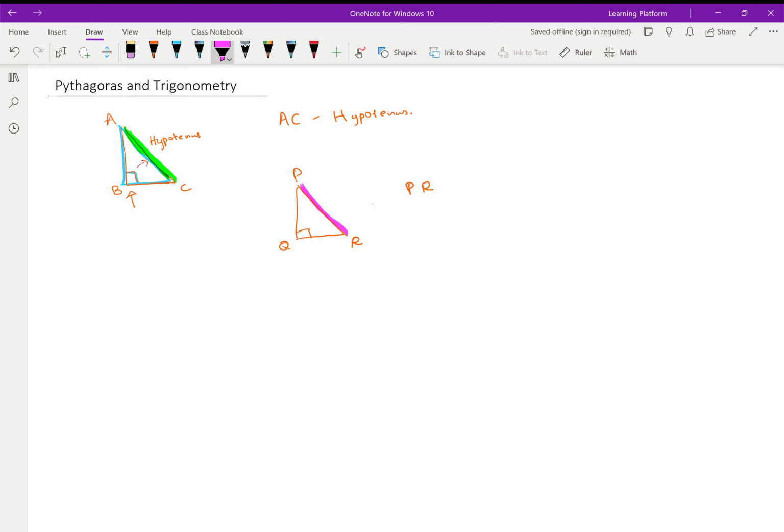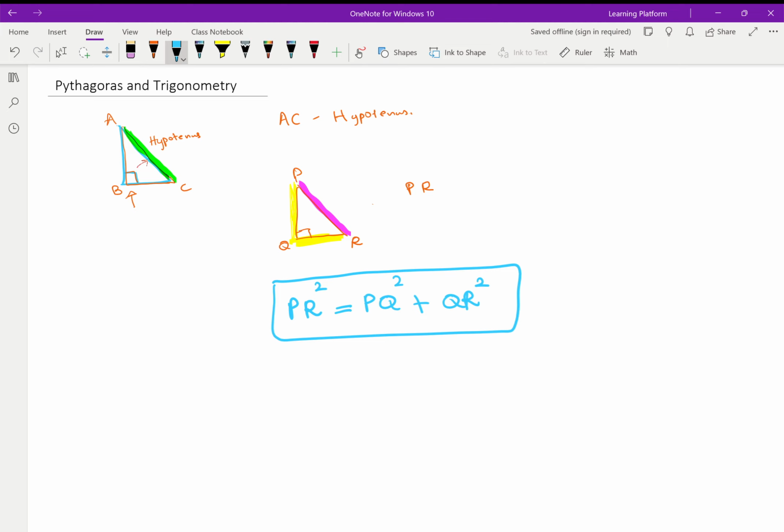Square of this side, that is the hypotenuse, equals to the addition of squares of these two sides. I will write it for this. PR squared equals to PQ squared plus QR squared.